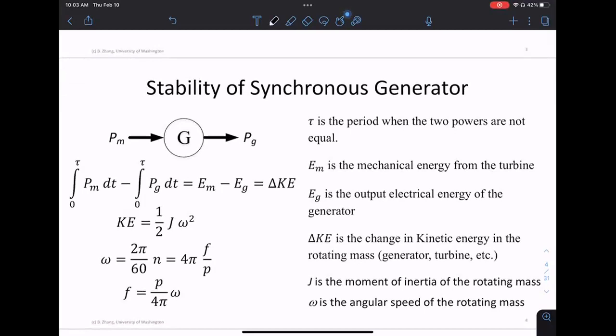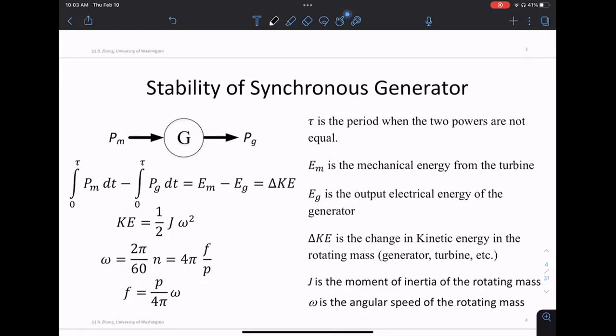It has to go somewhere. Because this is a spinning generator, this is where the energy goes. You don't have a choice on this equation. If this were a battery, you would have a choice of this equation, which actually could be better, but makes the math much harder. But here you don't have a choice. This is a rotating machine, so it has to go to half J omega squared. There's no choice in this.